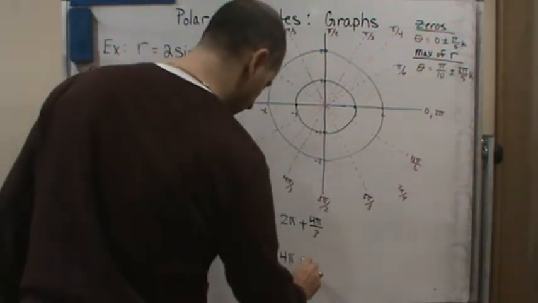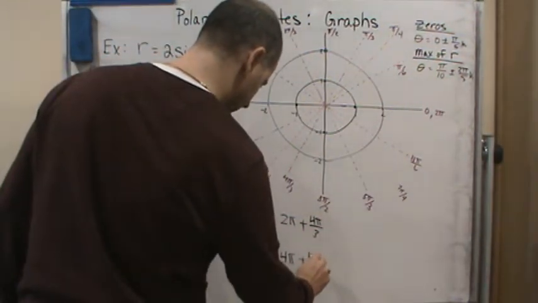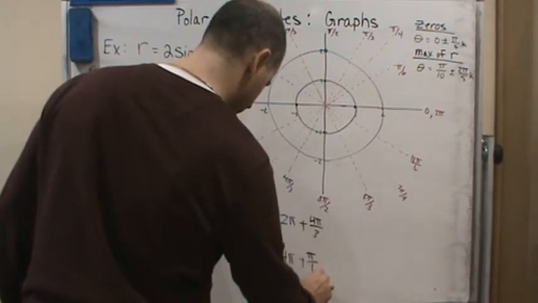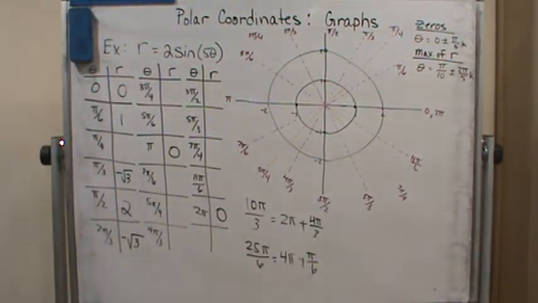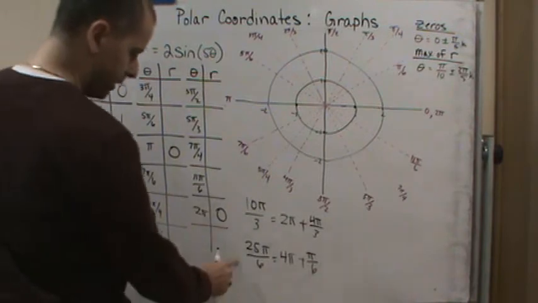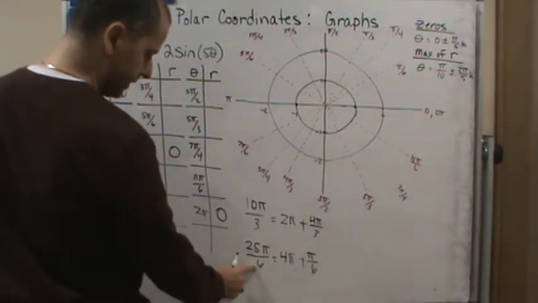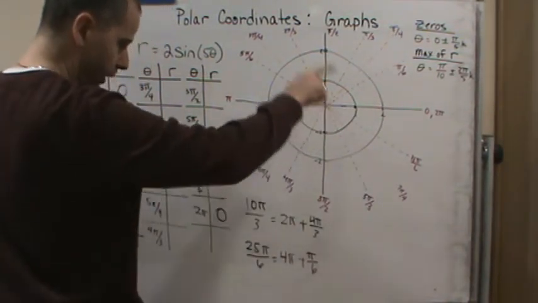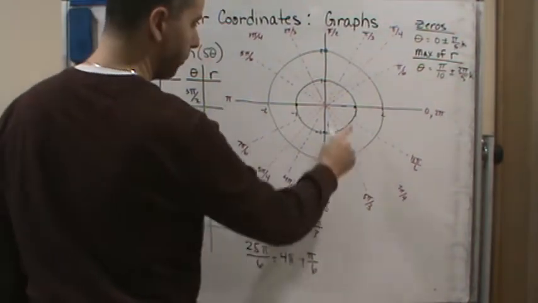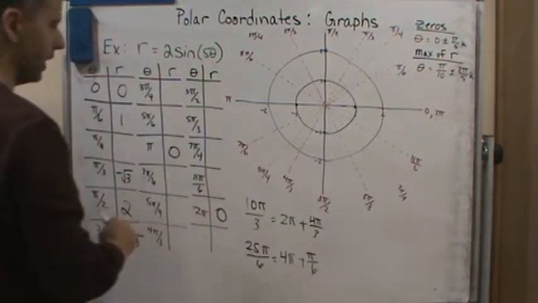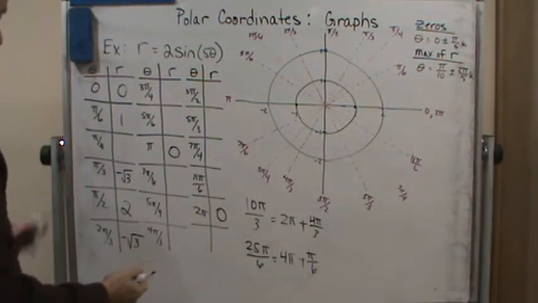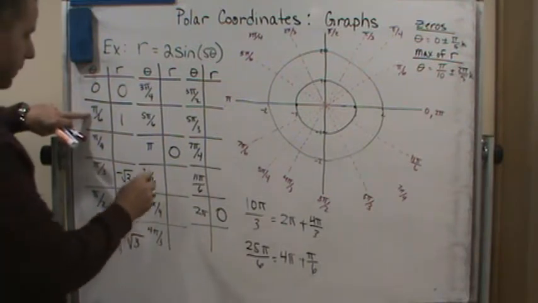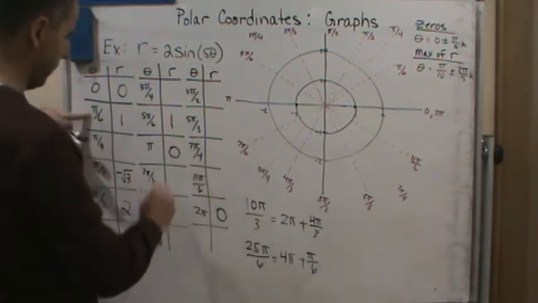So that gives us plus pi over 6, because 24 pi over 6 is 4 pi, which is 2 revolutions around. So we end up with pi over 6. And so again, that's going to be the same as this one. So that's going to repeat. So this is going to be 1.